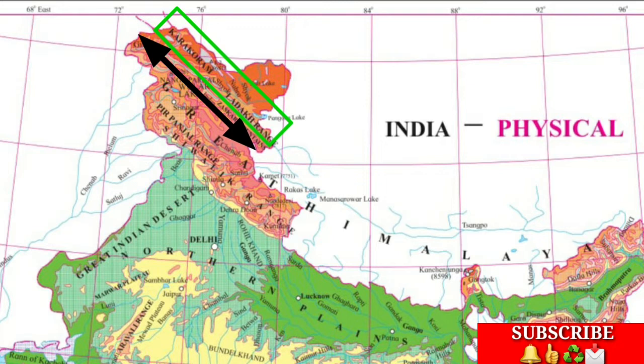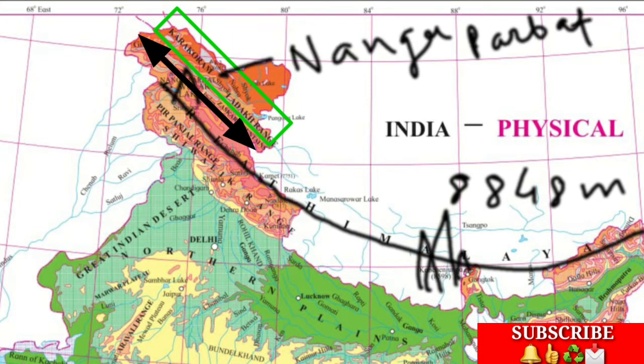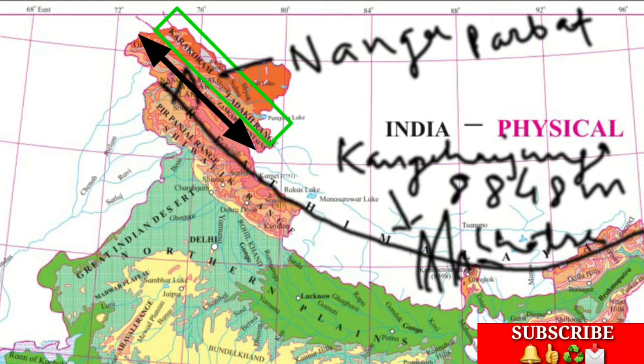Students, the next parallel range is the Greater Himalaya or Himadri, the highest mountain range in the Himalayas. The world's highest peak, Mount Everest, the height of Mount Everest is 8848 meters in Nepal, as well as the highest peaks such as Kanchenjunga, Lhotse and Nanga Parbat are part of the Greater Himalaya.